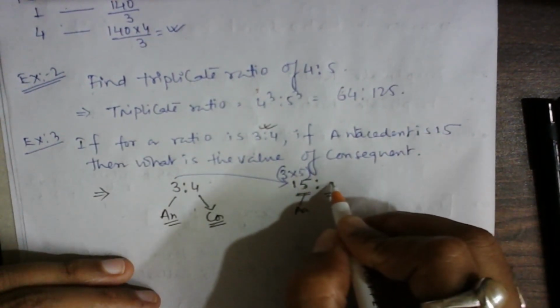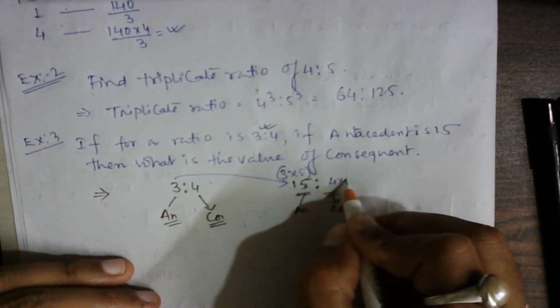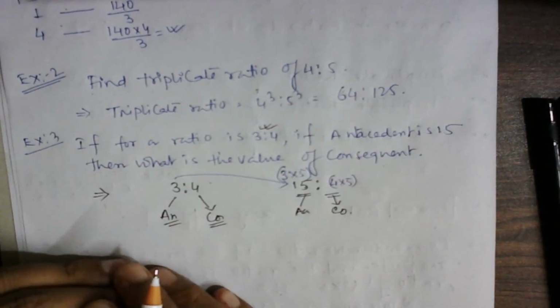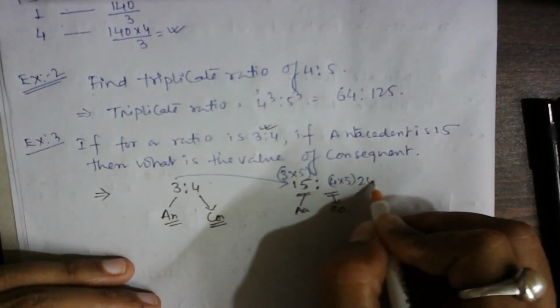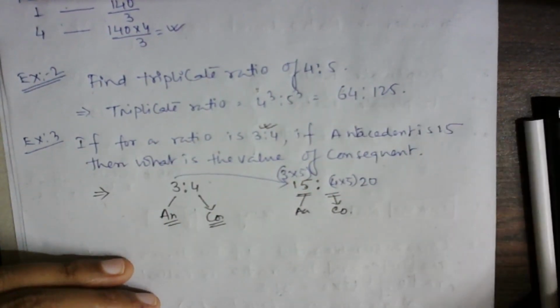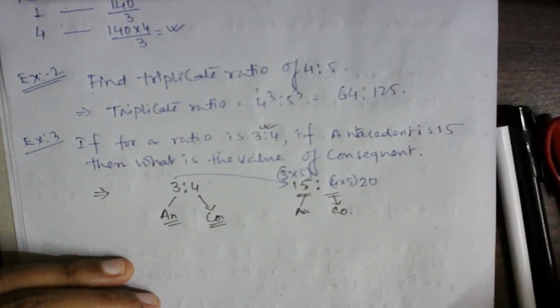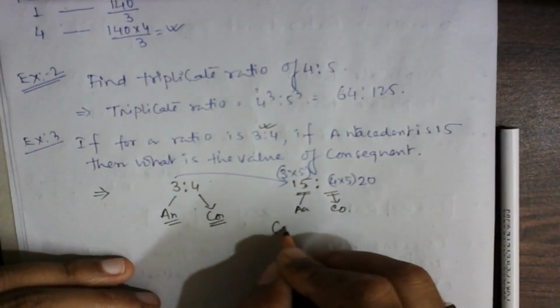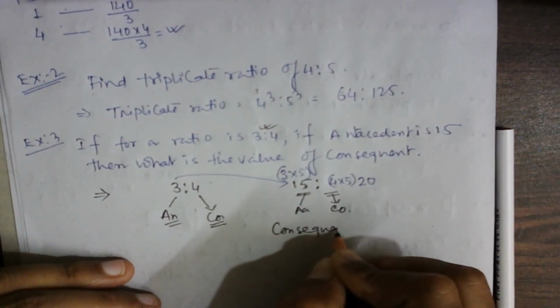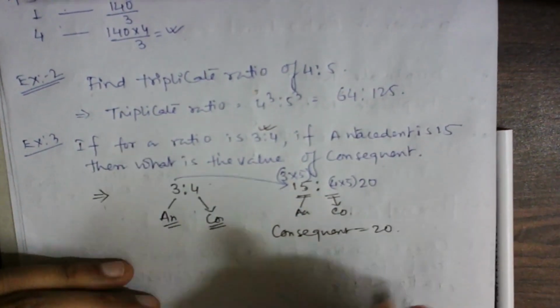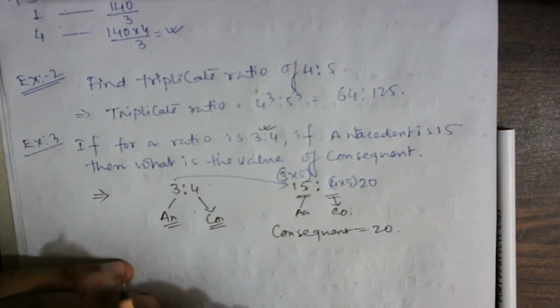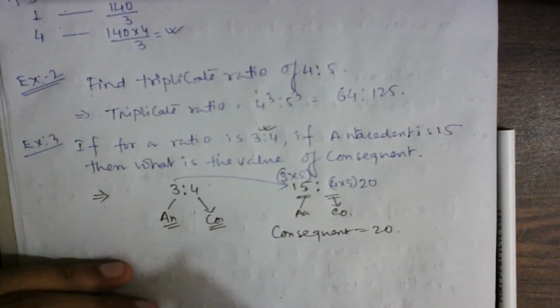You multiply 4 with 5, then it becomes 20. So the consequent is 20. Remember, both the terms should be multiplied, divided, added or subtracted with the same term.